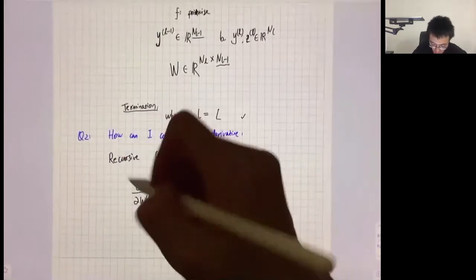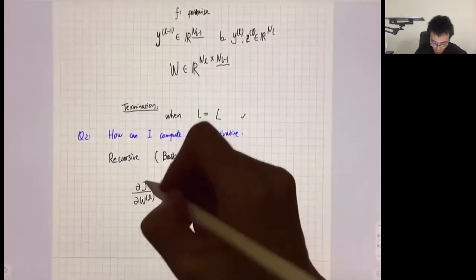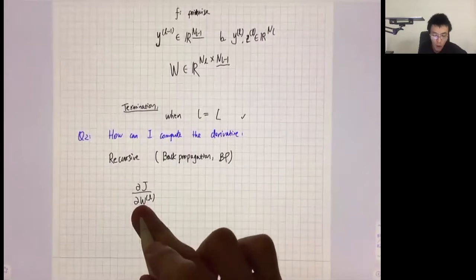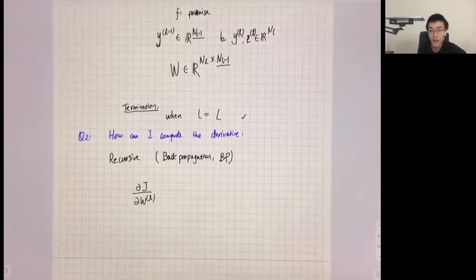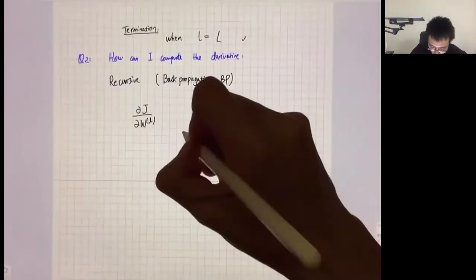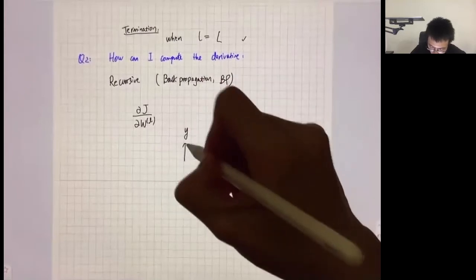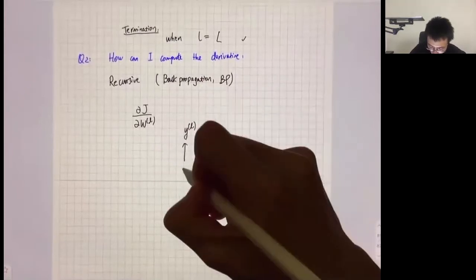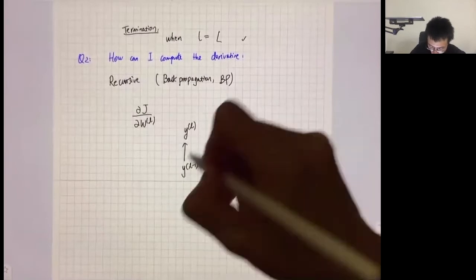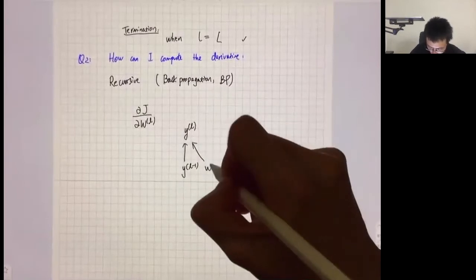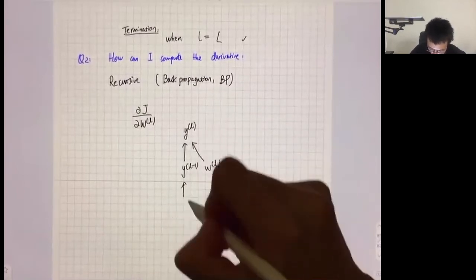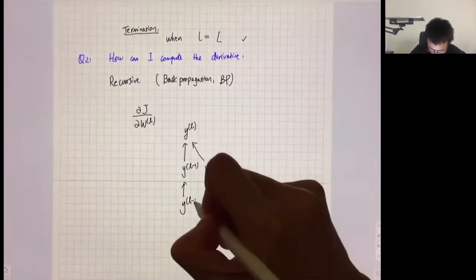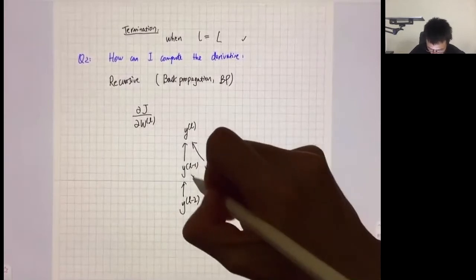But in here, the question is, shall we do the partial derivative of the loss with respect to the W of different layers? It turns out that it's not a good idea because you compute Y from the lower layer, but you inner product it with the weight L, then you compute the Y here.